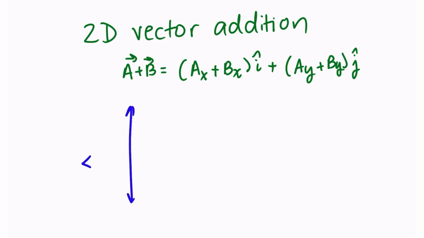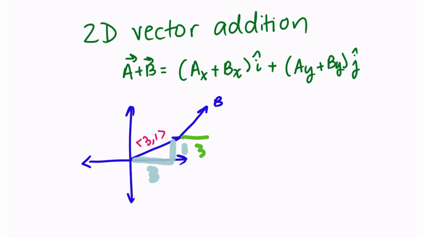So if you're adding two vectors, let's start with vector A and give it the dimensions of 3 and 1. That means the horizontal component here is 3 and the vertical component here is 1. And to that, you're adding a vector B, which now has the horizontal component of 3 again, but a vertical component of 2.